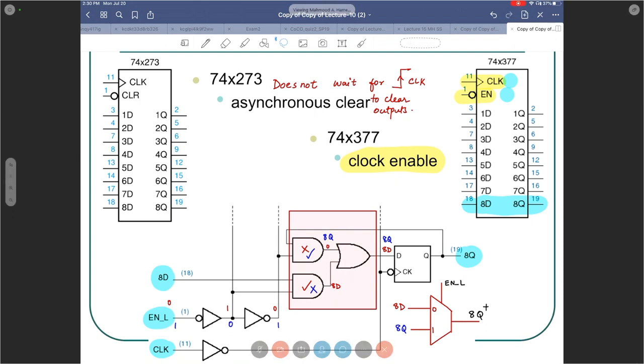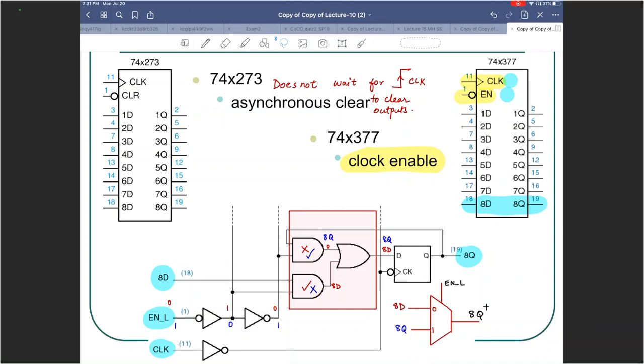Other 8-bit registers. One is with asynchronous clear, which means I can make all the outputs go to 0 asynchronously with respect to the clock. At any time, I don't have to wait for the positive edge of the clock. The other variant is the clock enable input, in which we use a 2:1 mux.